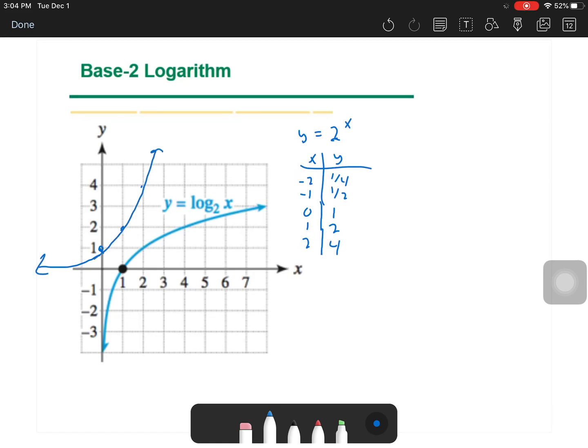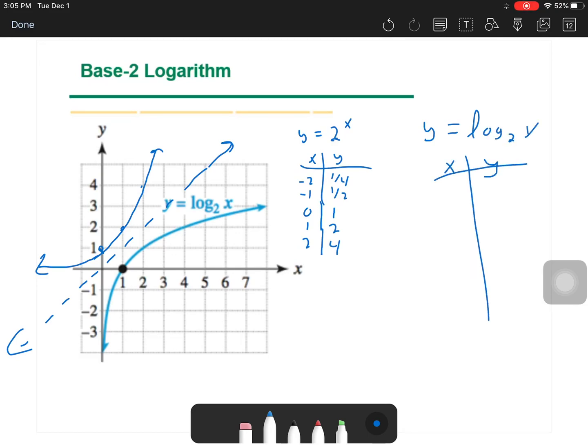But it's going to be the inverse of this graph, having that property of reflecting over the line y equals x. And so if I wanted to graph this, I could just flip all the x and y coordinates around to graph it. So if I wanted to graph its inverse, I could just flip these around. I could go 1/4, -2, 1/2, -1, 1, 0, 2, 1, 4, 2, and all of those points would appear on this graph right here of this log.